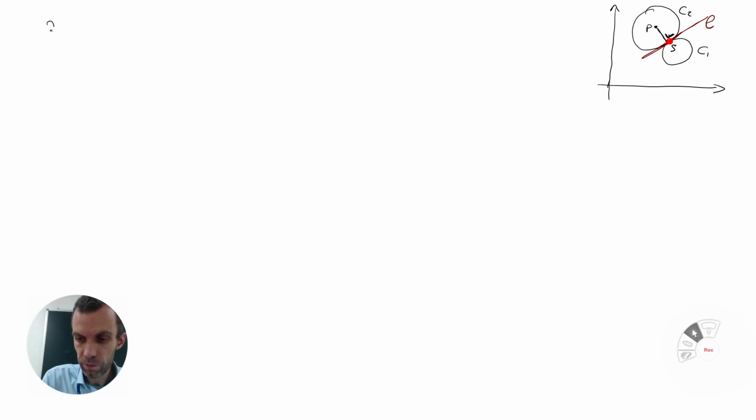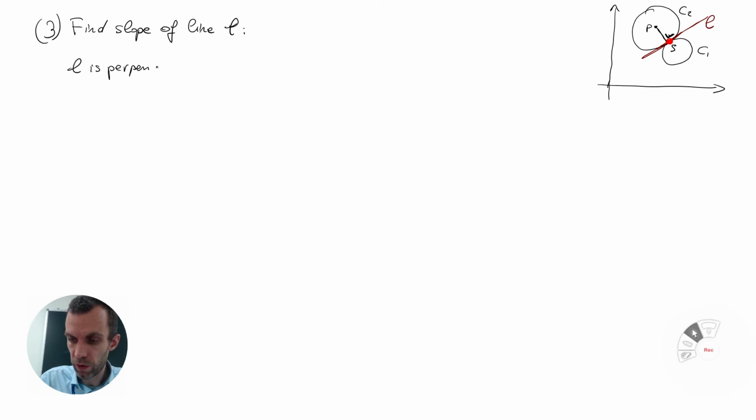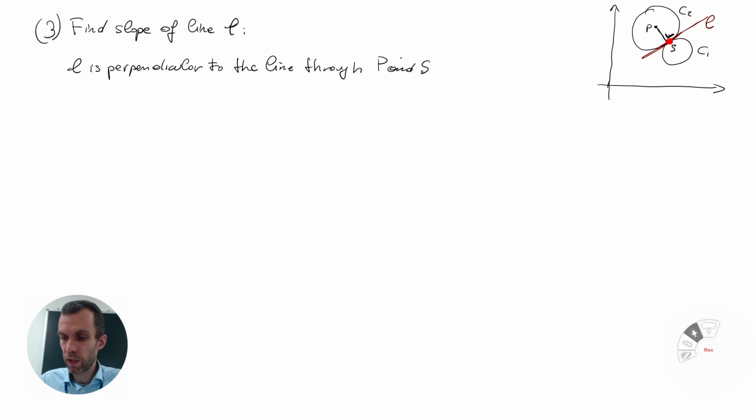So for the third step, let's find the slope of the line L. So first of all, we know that L is perpendicular to the line through P and S. And so let's find the slope of that line.